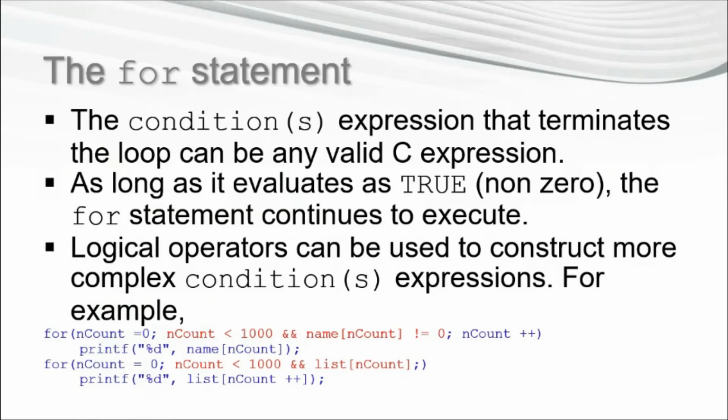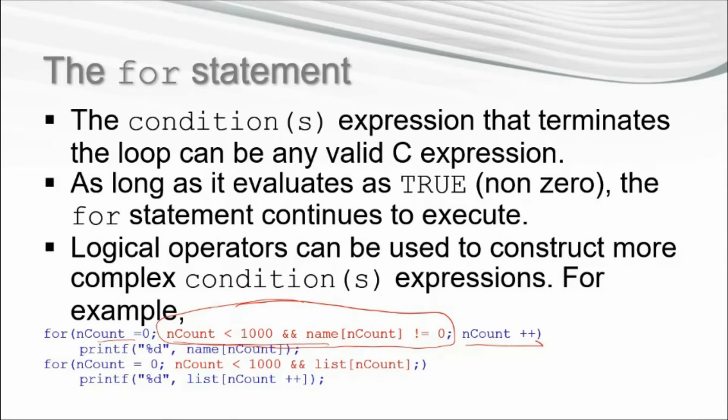The condition expression that terminates the loop can be any valid C expression. You see that there is a condition expression. After the initialization, there is a condition, then the increment or decrement. So this condition statement can be any valid condition statement in the C programming.